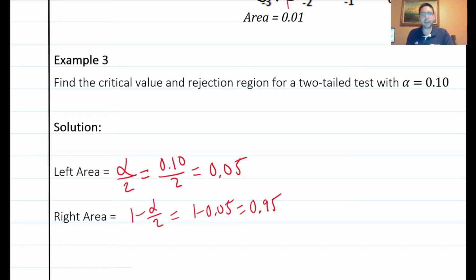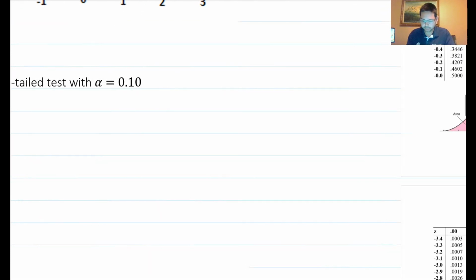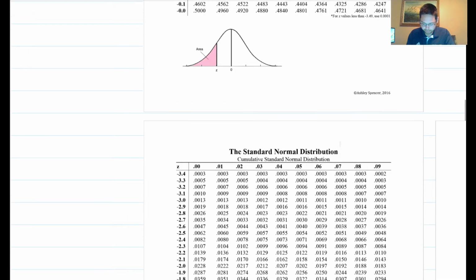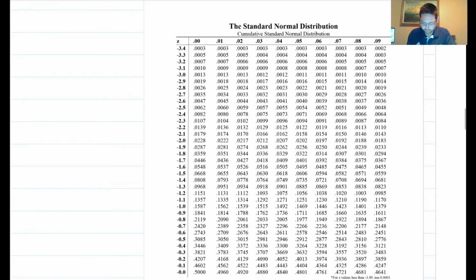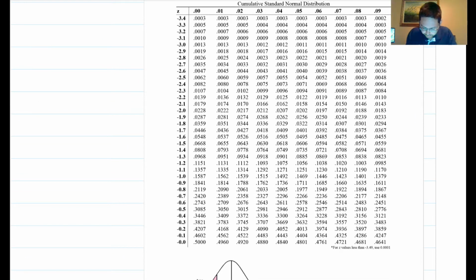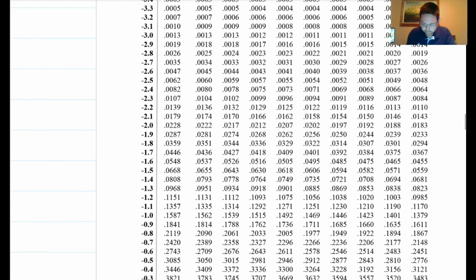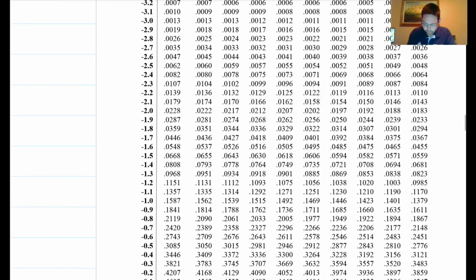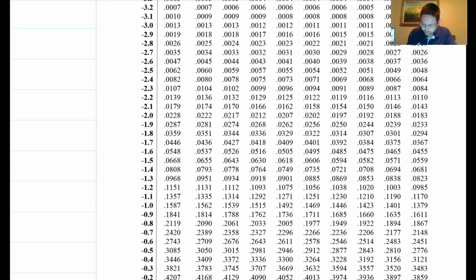So let's look both of those areas up. Let's look at 0.05 first. 0.05 is a small area, so we have to go on the negative side. Again, it's between those two.